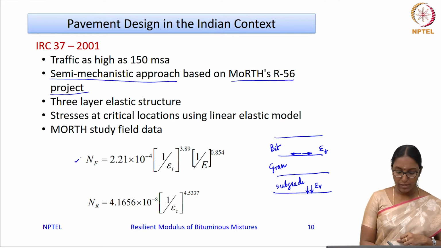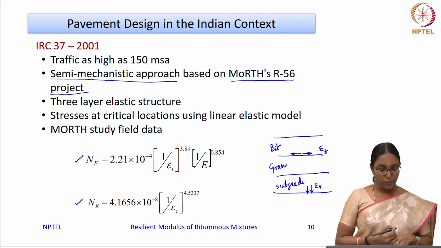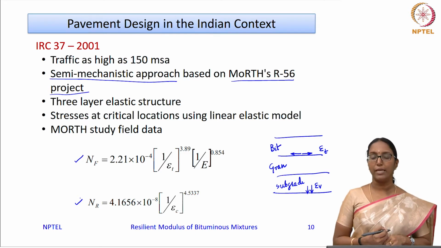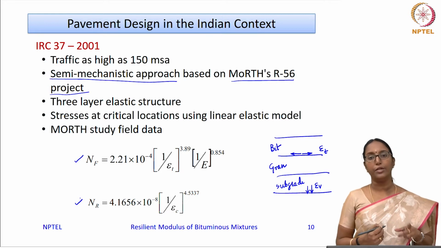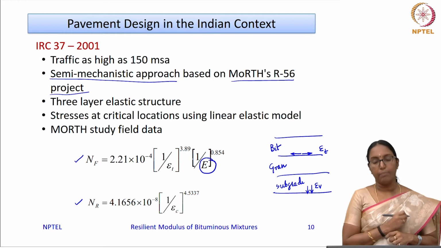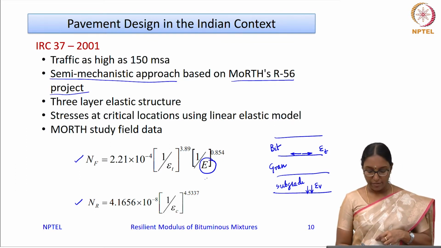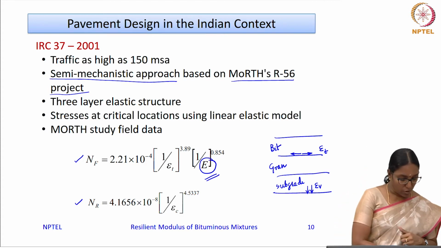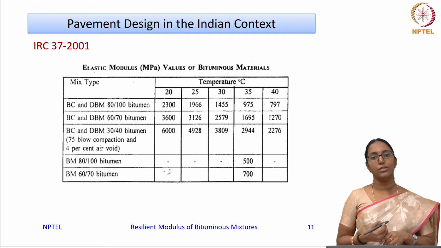And based on this field study, 2 distress transfer functions are provided. One is for the number of repetitions to failure due to fatigue, and the second one is the number of repetitions to failure due to rutting, okay. And as you can see, the material parameter is estimated as a modulus of elasticity, given as E here, and the code also provides indicative values that you can choose for the design of the structure.